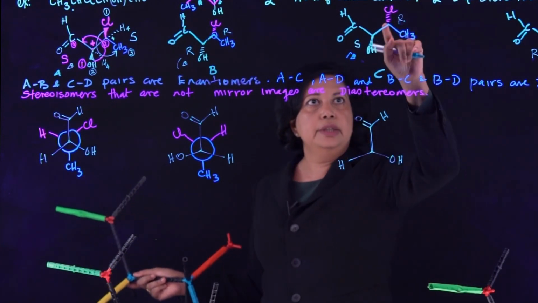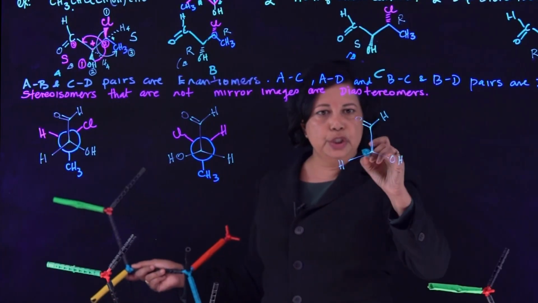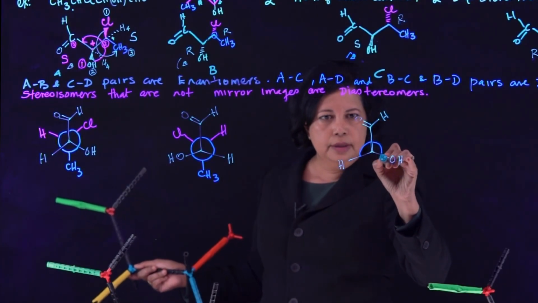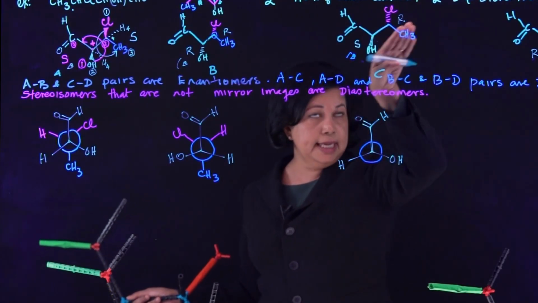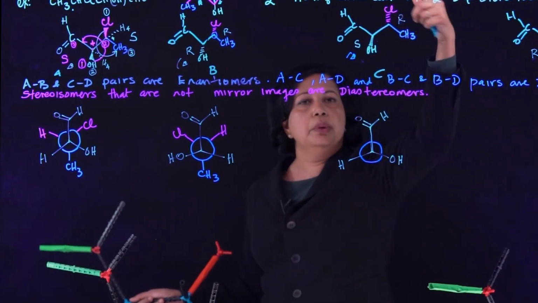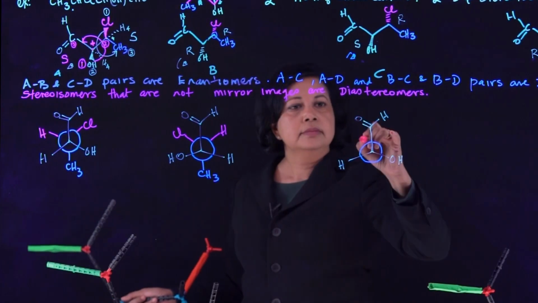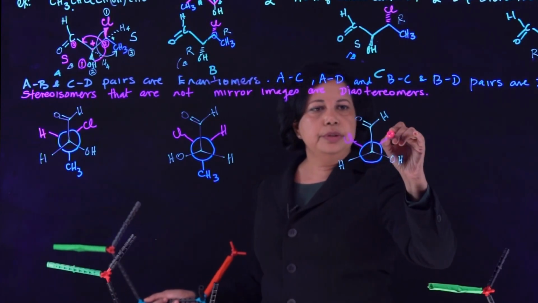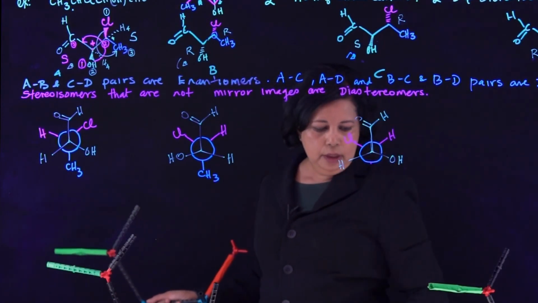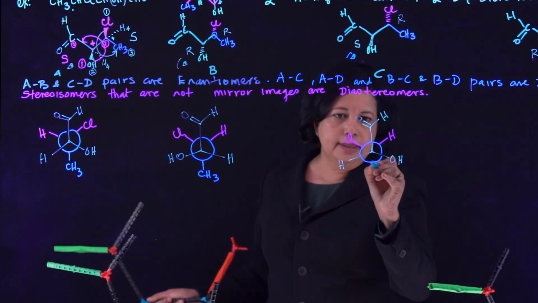And you can see that here too. One's a wedge, one's a dash. The way it's drawn, because we're drawing exactly what we're seeing without rotating any of this. So hydroxyl and chlorine would be on opposite sides here.